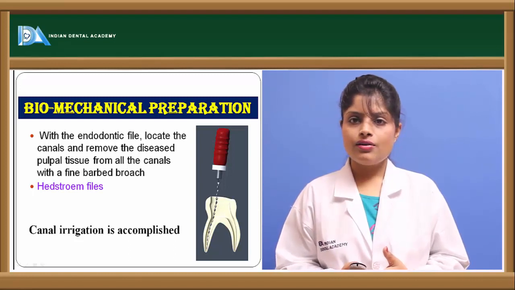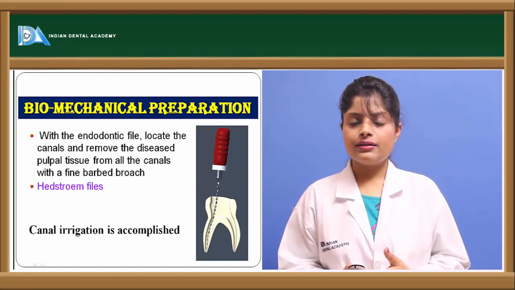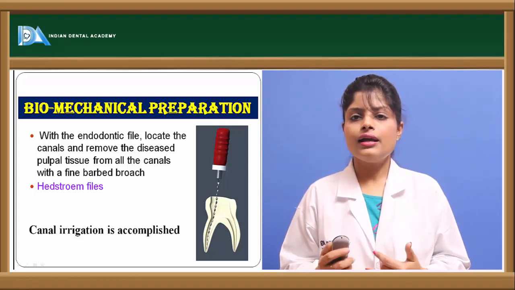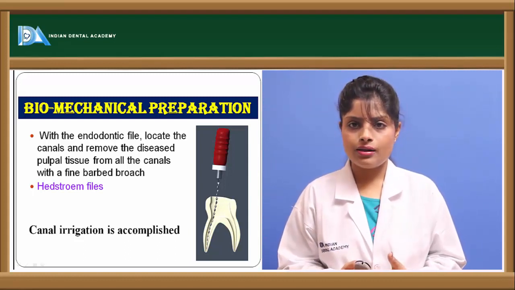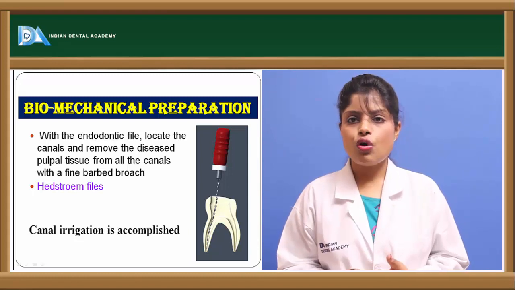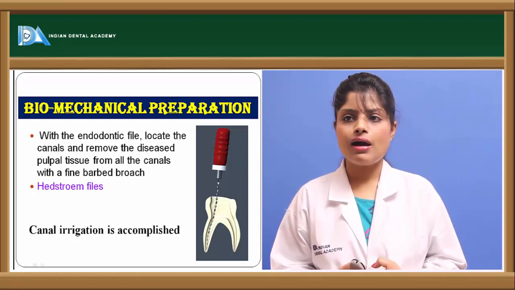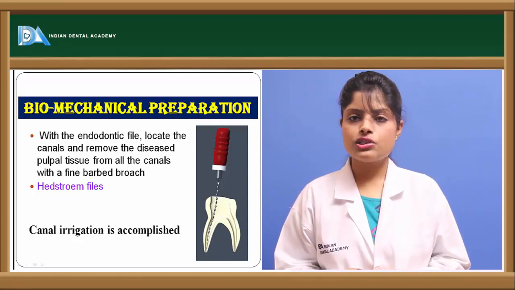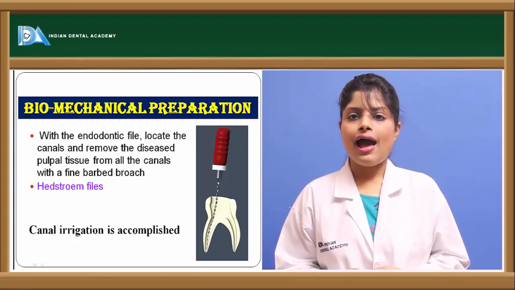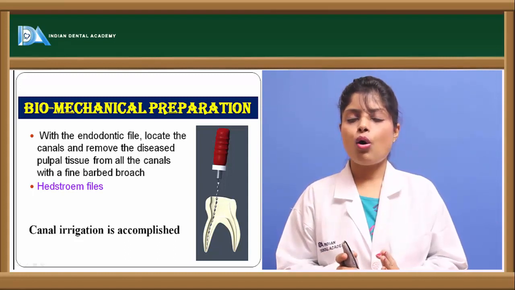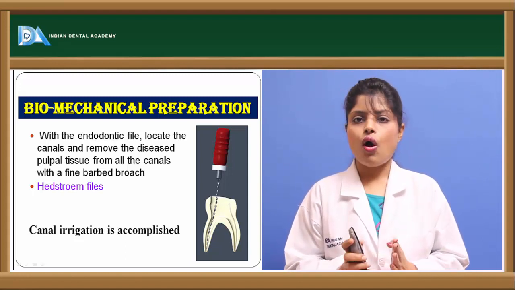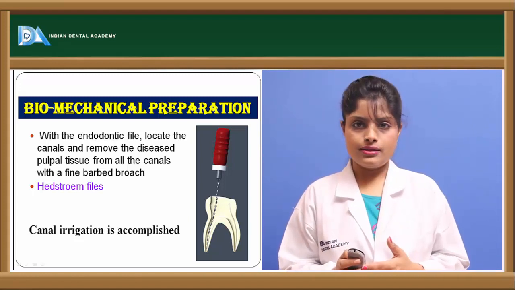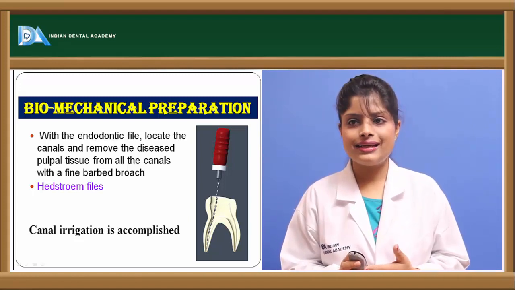After doing reciprocal filing, finally the dentinal shavings are irrigated out from the canal by alternate use of saline and sodium hypochlorite. H files can also be used in between to give a funnel-like shape to the canals, so the obturating material can easily flow into the canals and a three-dimensional seal can be obtained.